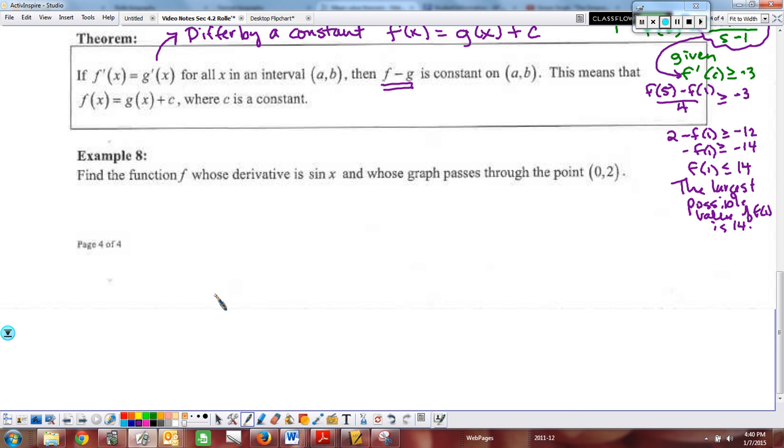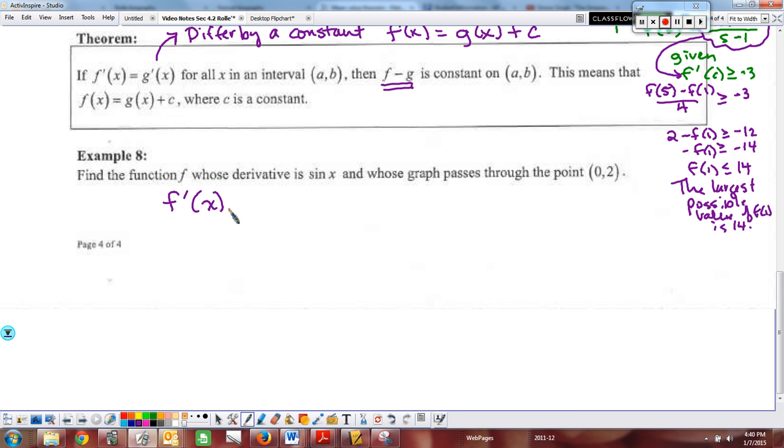And you'll see what goes on with this. So we're going to find a function whose derivative is sine of x and whose graph passes through the point (0, 2). This is a preview of what's coming in the next chapter.